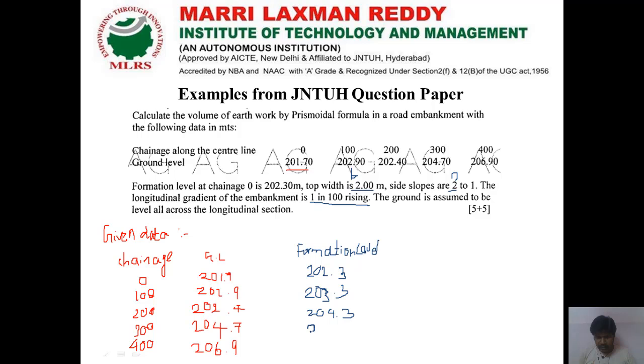Next, for 300 meter it is 205.3. And last one, for 400 meter it is 206.3.